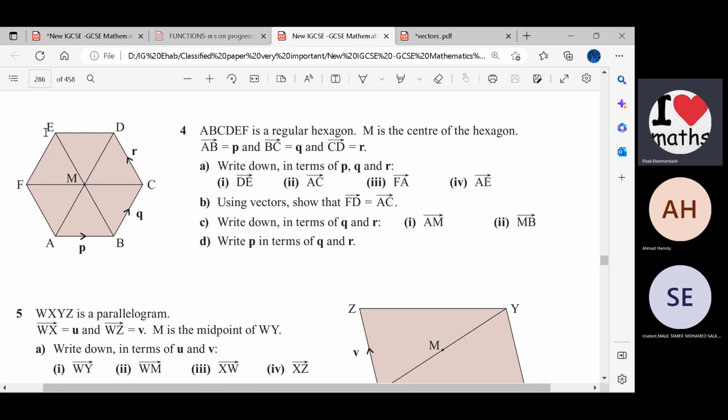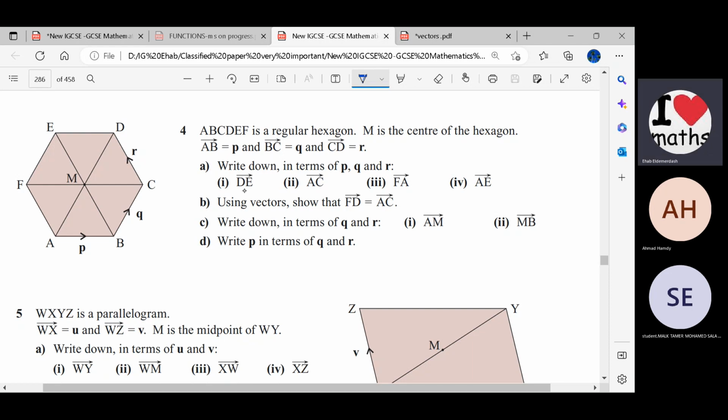If you have two parallel segments that are at the same time equal, I can express it with the same vector. So from A to B I call it the vector P. From D to E, is it in the same direction or the opposite direction?